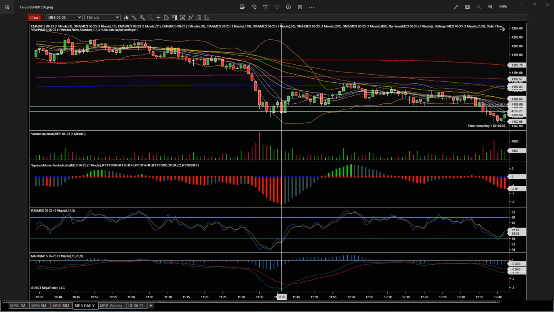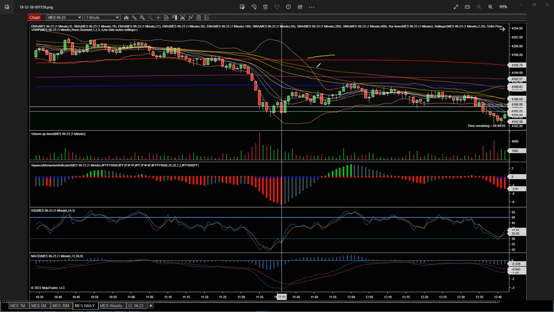So after it smashes through the 666, now it's time for price action to manipulate the moving averages. Remember I said that I like to see all the moving averages stacked in order.